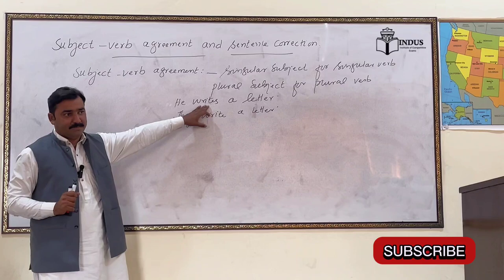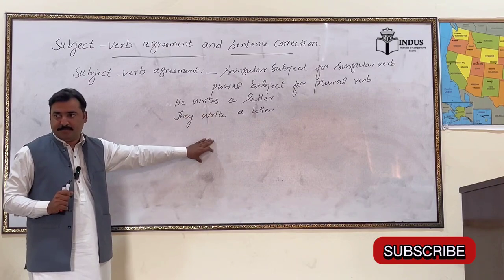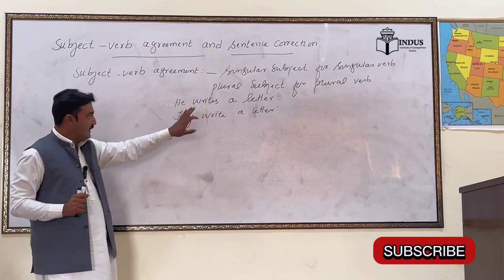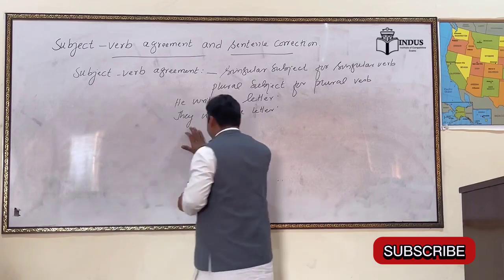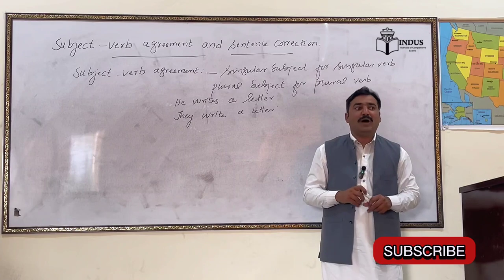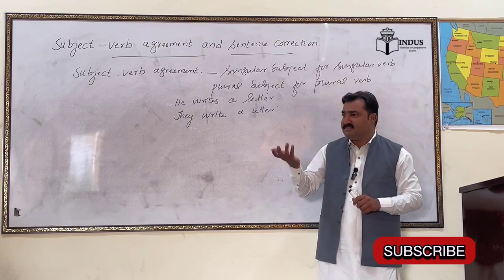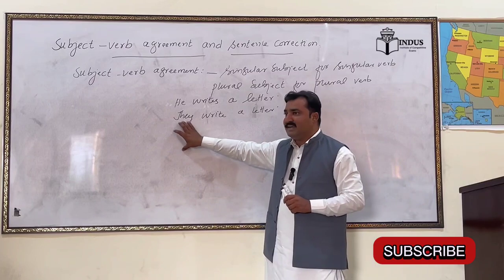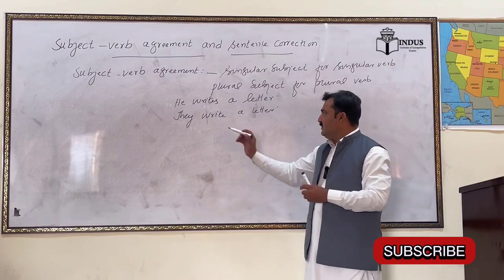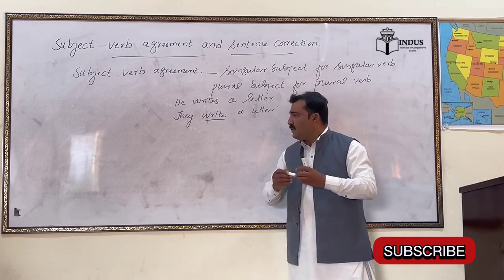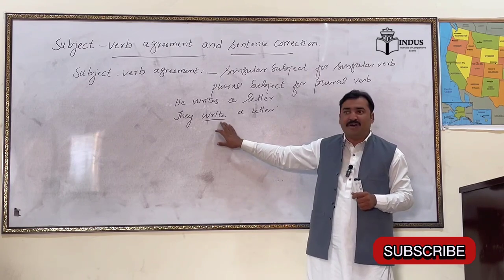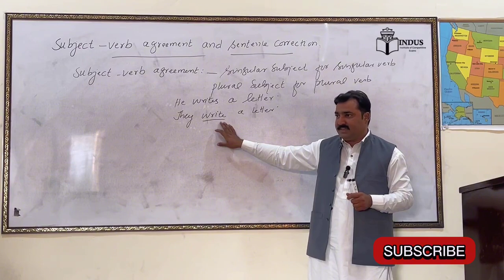Singular verb means the first form of the verb, and we will add s or es to it. Plural subject means more than one person or thing, or any noun that is not single. We will use a plural verb. Plural verb means verb without s or es.